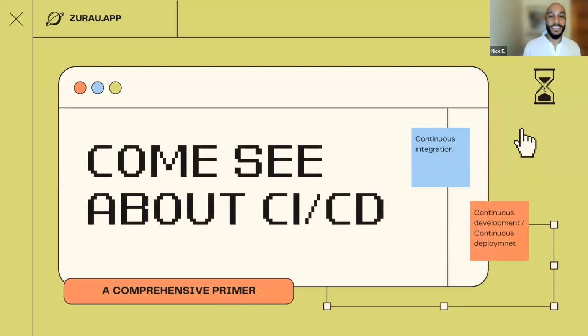So today, the topic we're going to be talking about is one that can seem a bit esoteric, but we're going to go ahead and explore a little bit of the art of CI/CD.